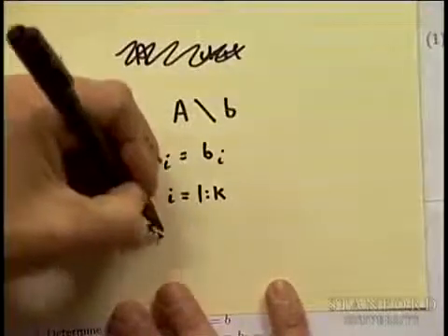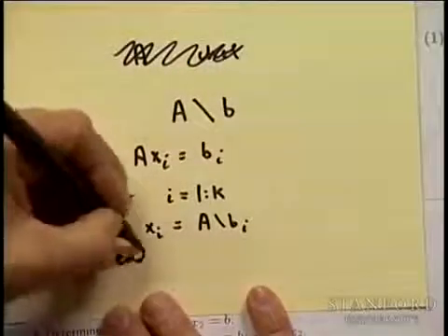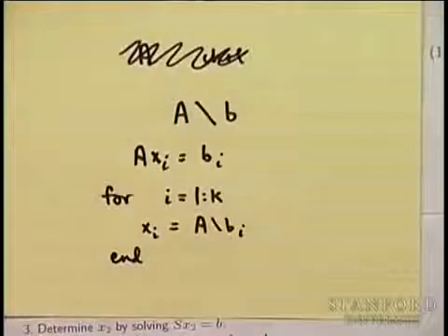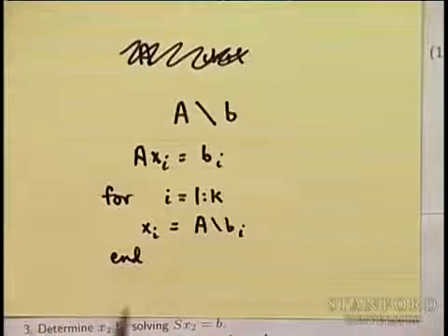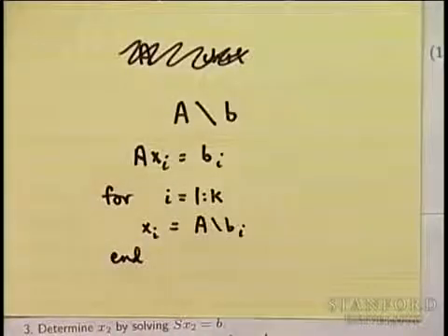If you did this, what do you think it'll do? It'll look at A fresh each time and go, great, let's factor that guy. It'll even recalculate the permutations fresh every time. So this is not the way to do it.